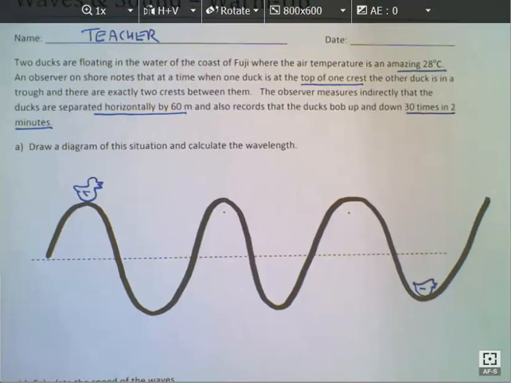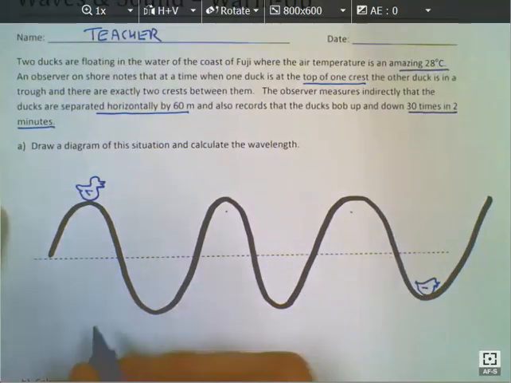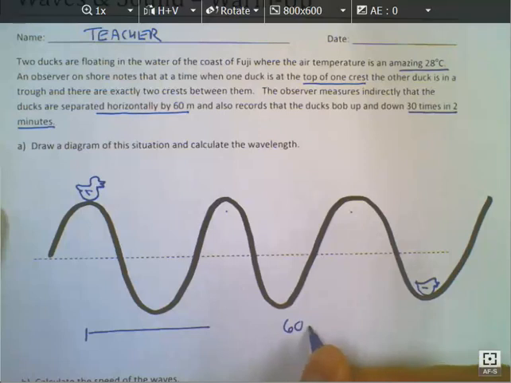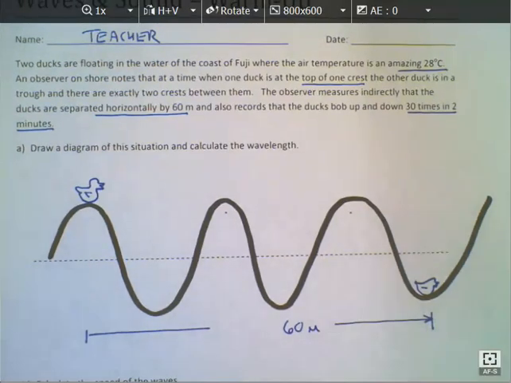Now, it was measured that it was 60 meters between the two of them, so that is from here all the way to here. That's 60 meters. So one of the first things we're going to do is try and figure out the wavelength.